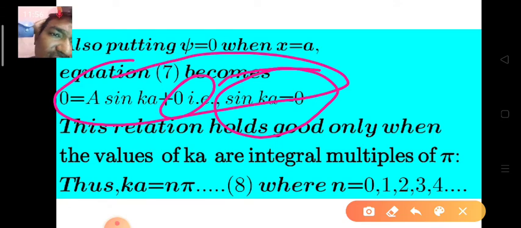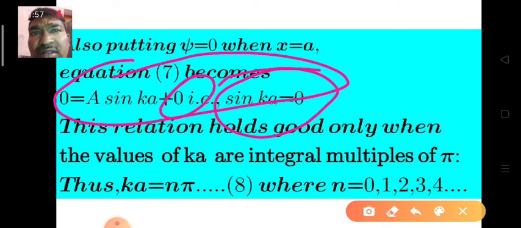Sin ka becomes 0 whenever ka has integral multiple values of pi. That means ka should be equal to n pi. Then only sin ka becomes 0.